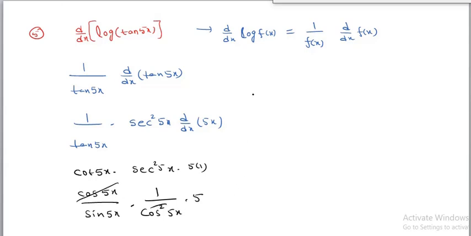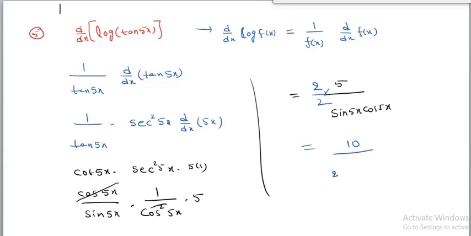Cos 5x cancels: 5 by sin 5x cos 5x. I will write 2 by 2: 10 by 2 sin a cos a, which is sin 2a, with 2 times 5x. So 10 by sin 10x, which I will write as 10 cosecant 10x. Okay, write it down.